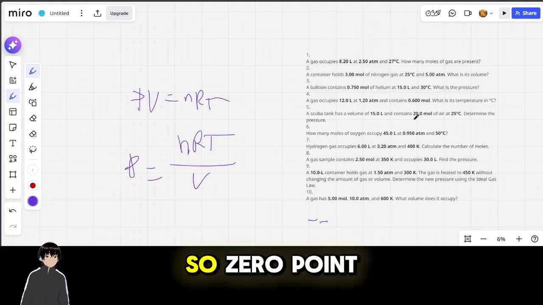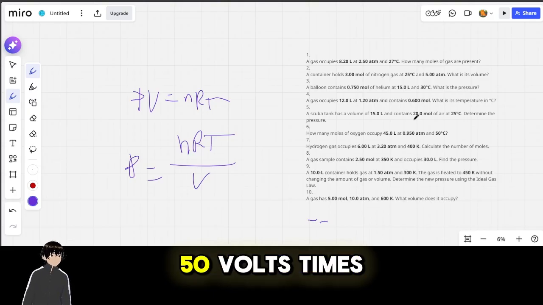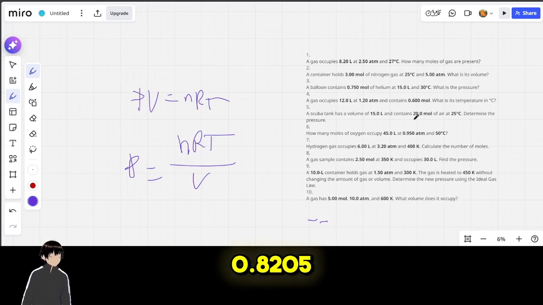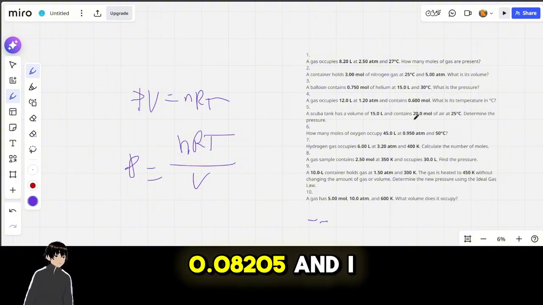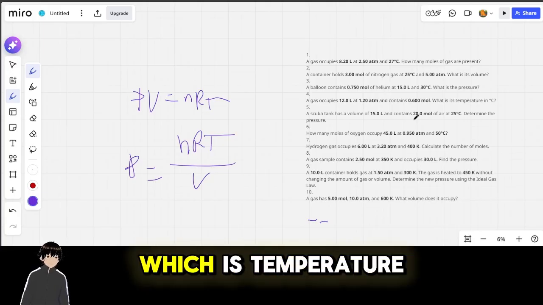We have 0.750 moles times the constant 0.08205. I should never forget that. Times T, which is temperature here.